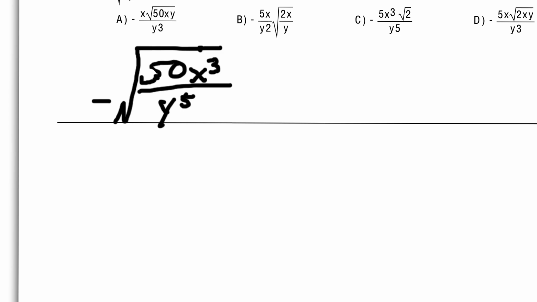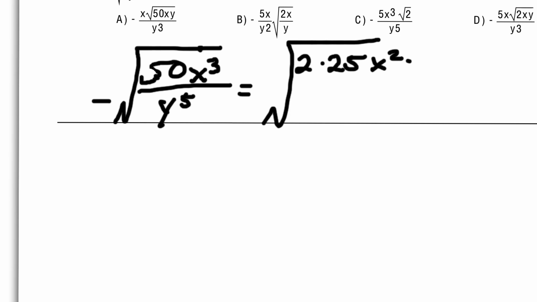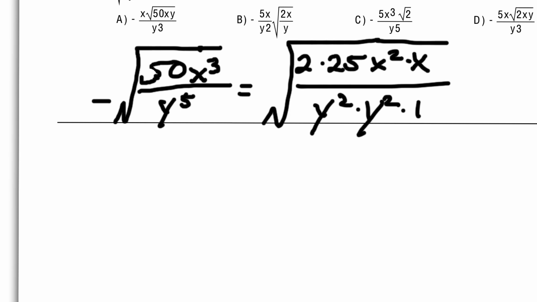Okay, so we have the negative square root of 50x cubed divided by y to the 5th. Let's factor this out a little bit before we take the square roots of a few things. So 50 is 2 times 25. We know we can take the square root of 25. And then x cubed is x squared times x, so we can take one of those x's out. Y to the 5th is y squared times y squared times y, so we can take 2 of those out.